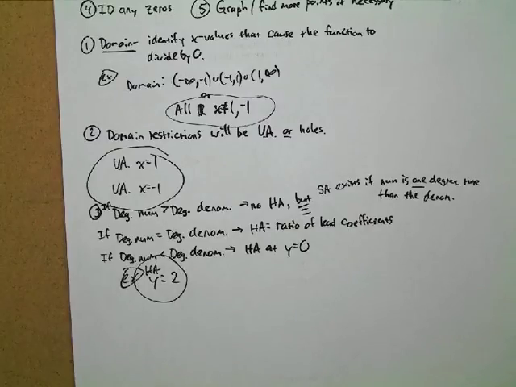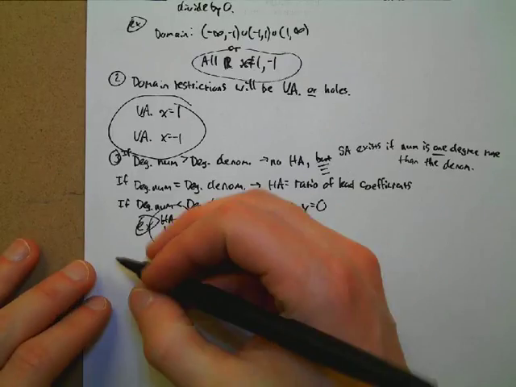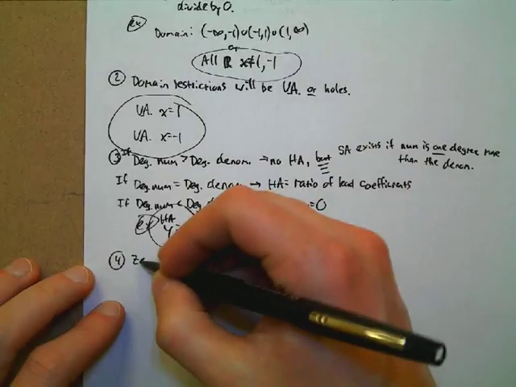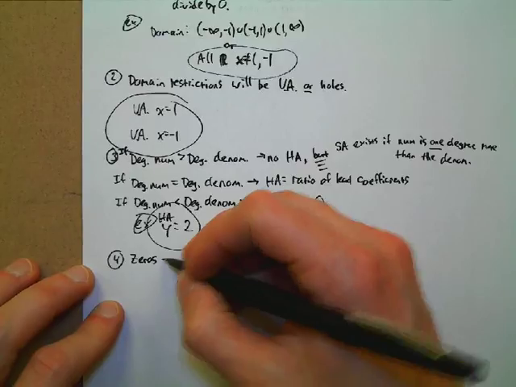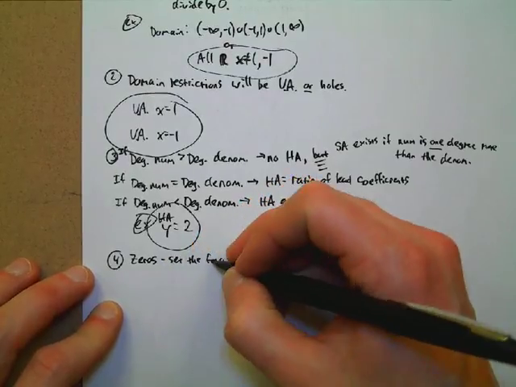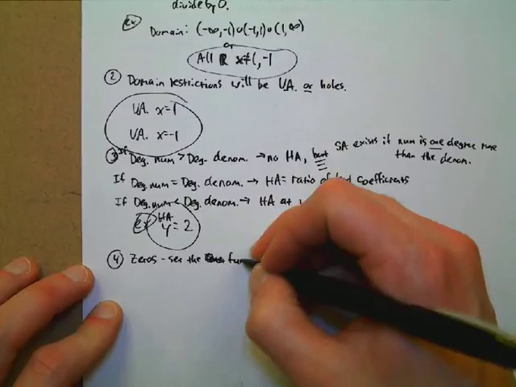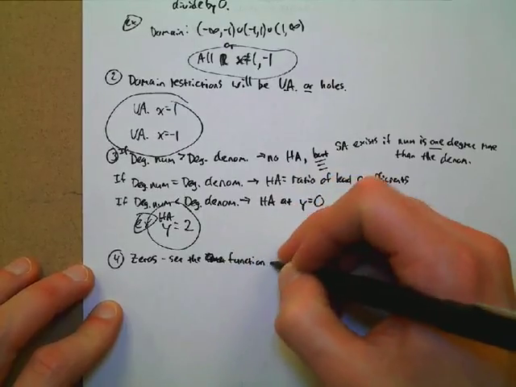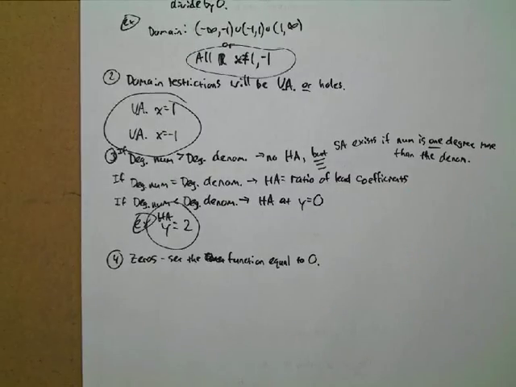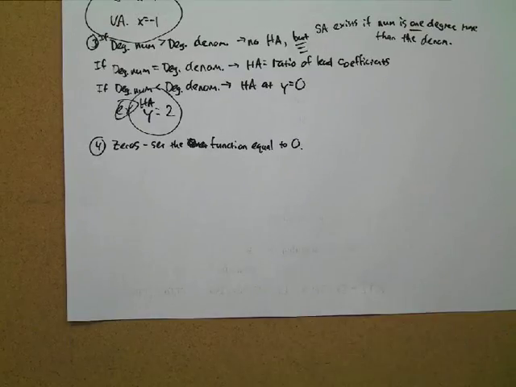Set the function equal to 0. So 2x squared over x squared minus 1 equals 0.